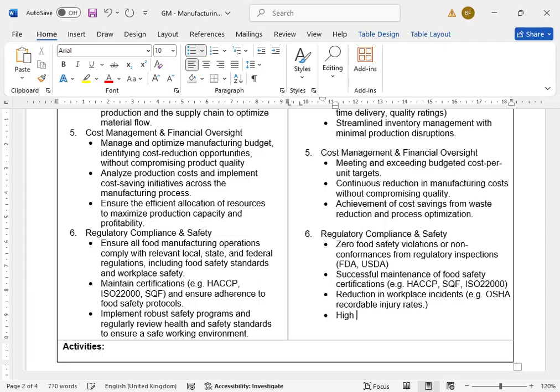This is also important: high audit scores. No violations, no issues from health and safety inspections.